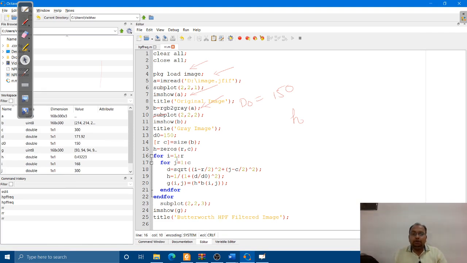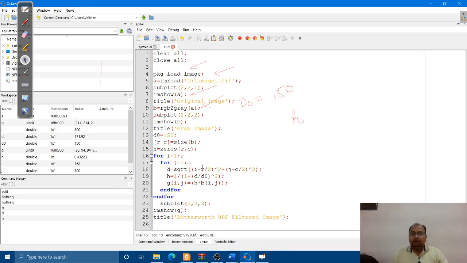Then we are going to have a loop for I from 1 to 168, since R is 168, and J going from 1 to 300.